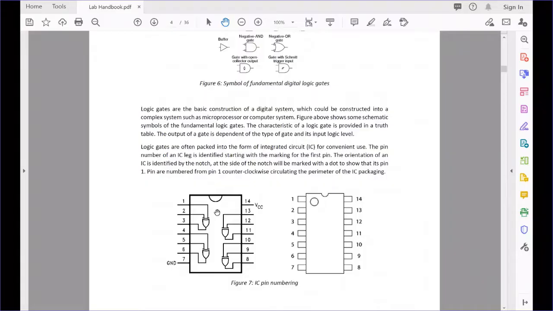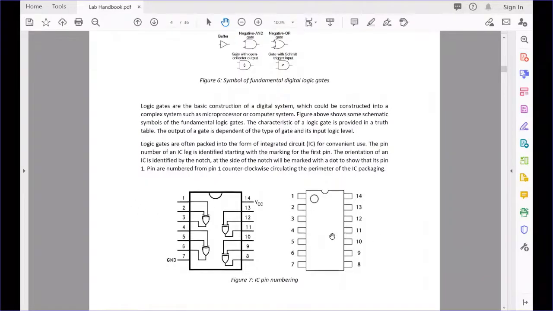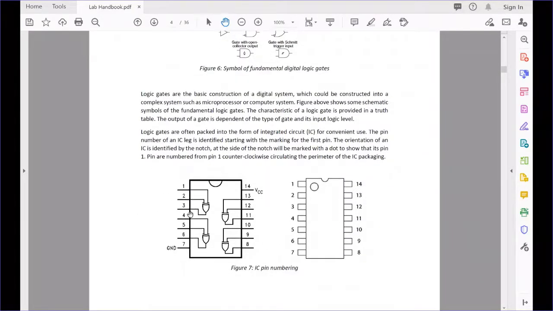If you look into the picture, this is how the gates exist inside the integrated circuit. The first pin here is an input. The second pin is also an input. They are connected to the inputs of the logic gate. Then the third one is connected to the output of your logic gate. And in one IC, there will be 4 logic gates.